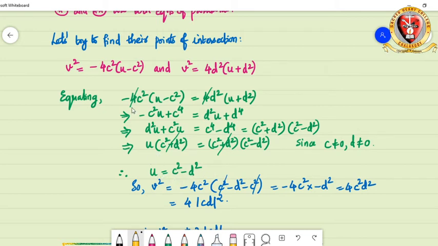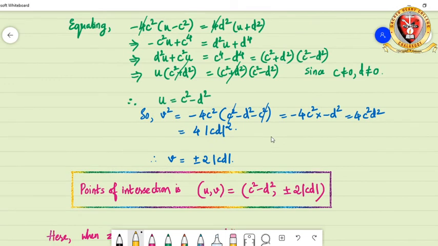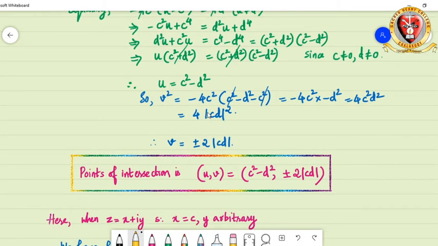And substitute the u in any of these equations of the parabolas. I'm going to substitute in the first equation. So v square is equal to minus 4c square into, instead of u, substitute c square minus d square minus c square. Cancel out the c square and you're going to get minus 4c square into minus d square, which is equal to 4c square d square, which is nothing but 4 into modulus of cd the whole square. We are using the modulus because we are going to take the square root of that, for taking the safe side.